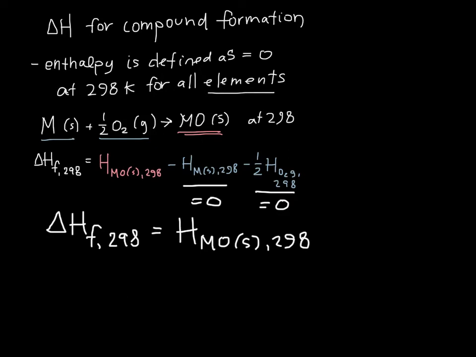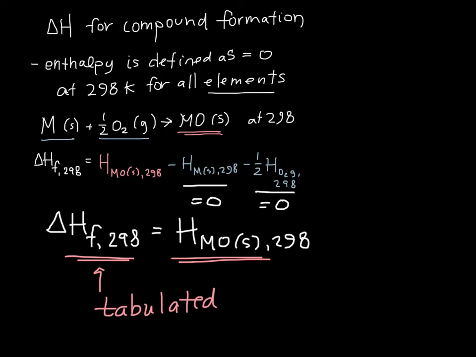So these things are equal. Usually we see it in this format, but it's equal to this as well. And these are things that have to be tabulated. Well, they have to first be measured, but then they are tabulated. So we don't ever have to figure out how to find this because this is something that we would turn to a handbook to look up.